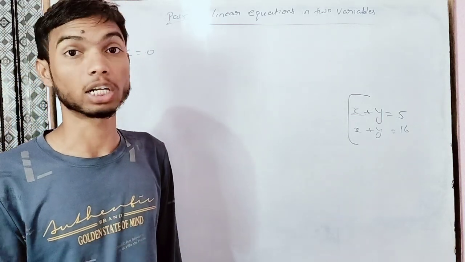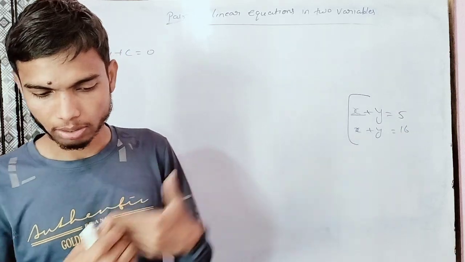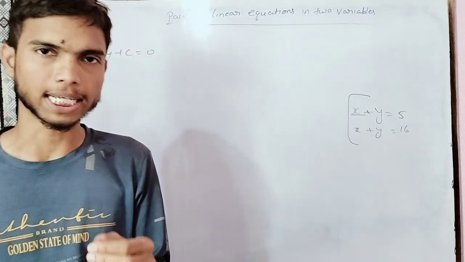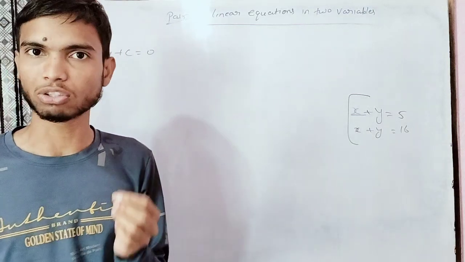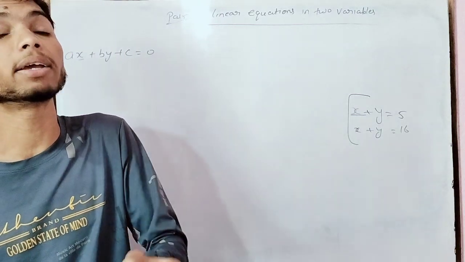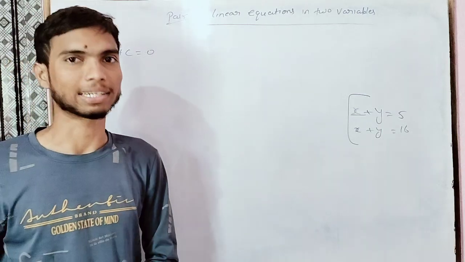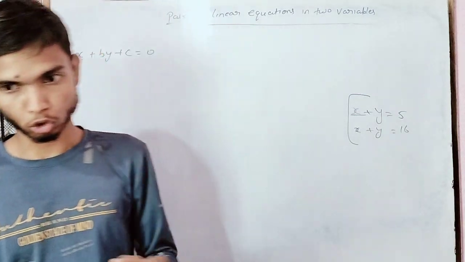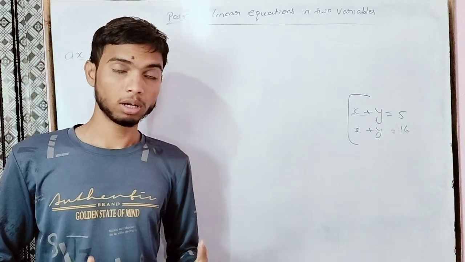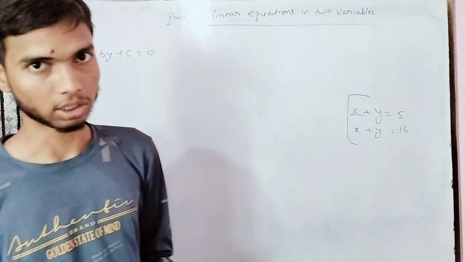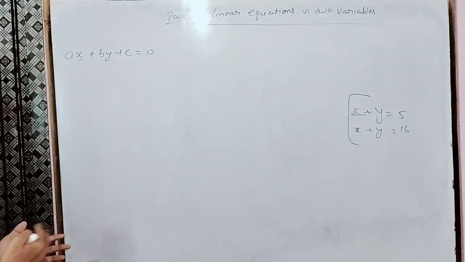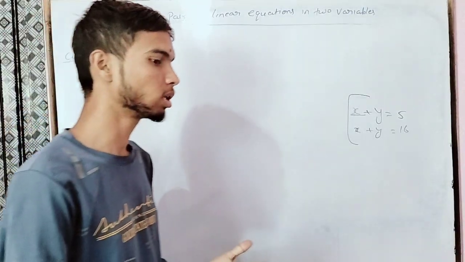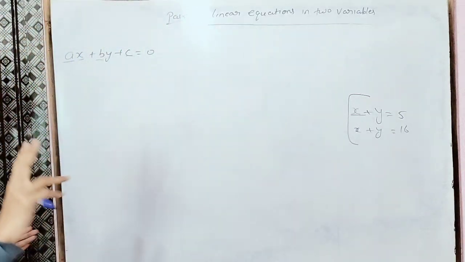When it comes to real numbers, you can take any rational number, any integer, any whole number, any natural number, even any irrational number. Rational and irrational numbers come in the category of real numbers.